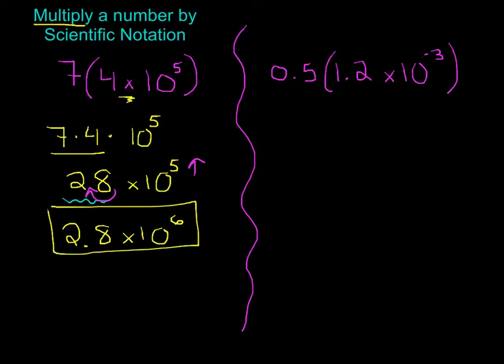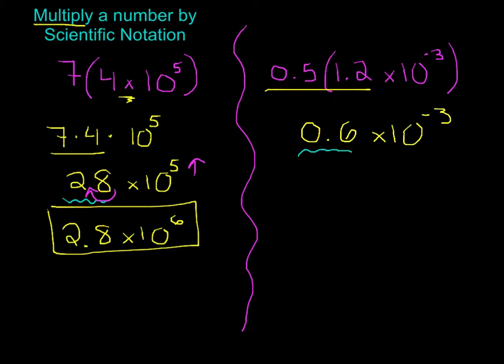Same idea for the second example. 0.5 times 1.2, we can just multiply those two numbers together, which is 0.6. And then we still have to multiply times 10 to the power of -3. But that is also not written in proper scientific notation because the coefficient is less than 1.